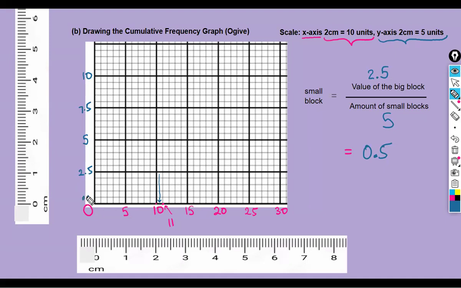So here's 0.5, here's 1, here's 1.5, here's 2. So that means every two small blocks is a whole number. So if here's 0, 2 blocks is 1, next 2 blocks is 2, then 3, then 4, and then finally you'll get 5. So you're counting in 0.5s on the y-axis.